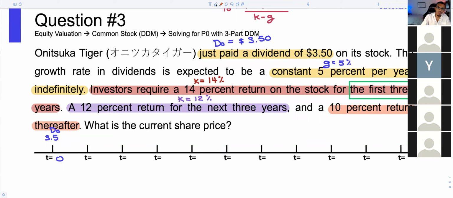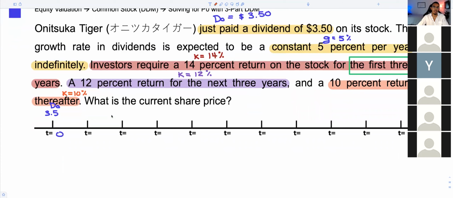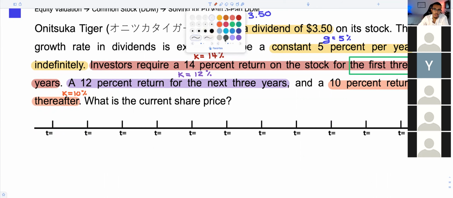So really, the whole spiel was for me to tell you, hey, in a question, if they divide sections by the amount of years that something's going to happen, it's really important for you to understand that we have 3 parts to the question at the very least. So let's try to put everything that we just said onto our timeline, and we're going to do it in a nice way. All right.